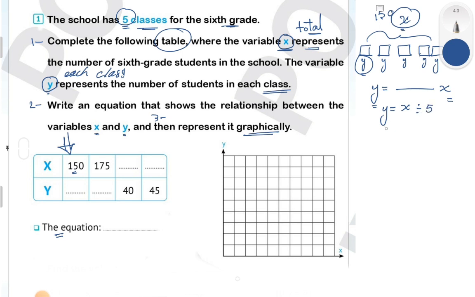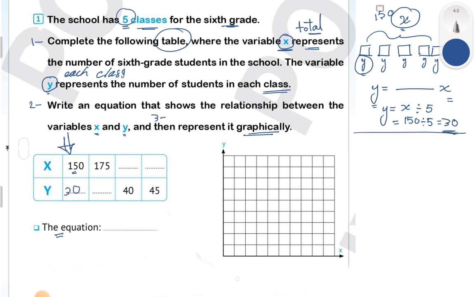Try the first value of y. When I have x equal 150, y will be equal 150 divided by 5. That's equal 30. Now, when I have 150 students in my school, each class will have 30 students.